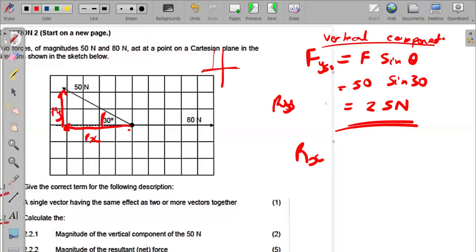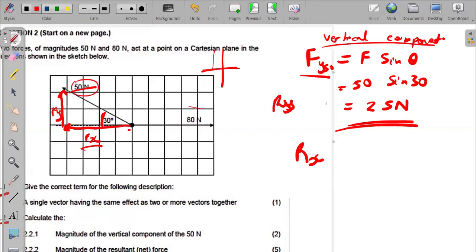So let's first find Rx. How do we find Rx in this case? We have just calculated Fy, the vertical component of our 50 Newton force. We now need Fx, the horizontal component of the 50 Newton force.